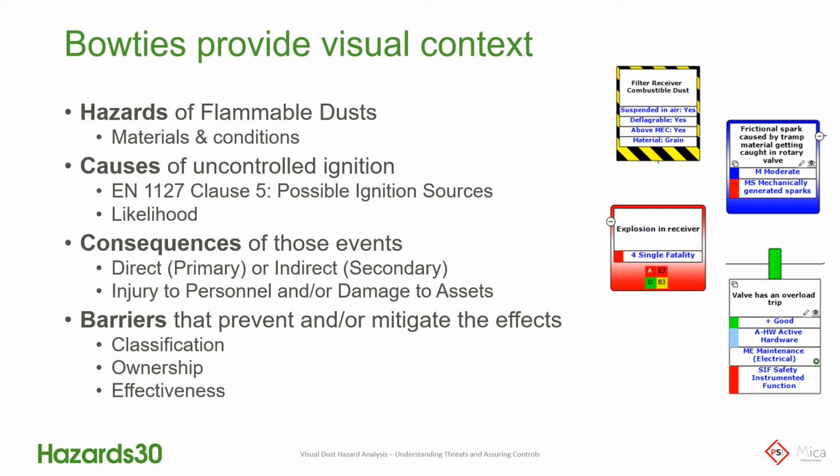So knowing the type of barrier, the strengths and weaknesses, knowing who's responsible for the barrier, is a really powerful visual reminder that it's these barriers that are sustaining that level of protection, because without them, your uncontrolled ignition sources will lead to these fires, flash fires, and explosions.